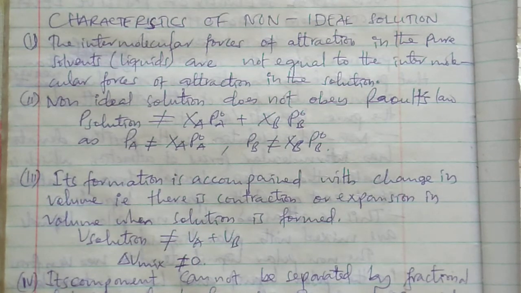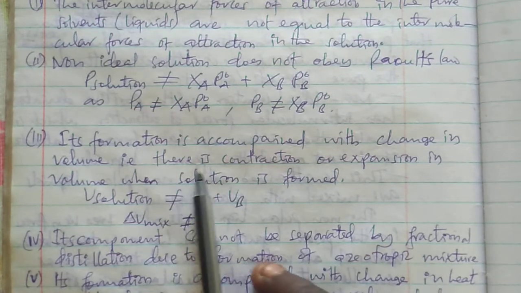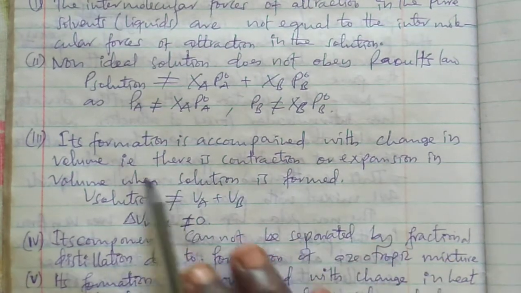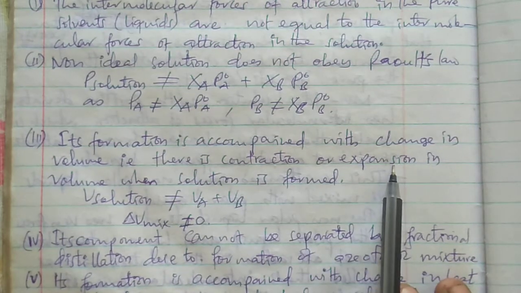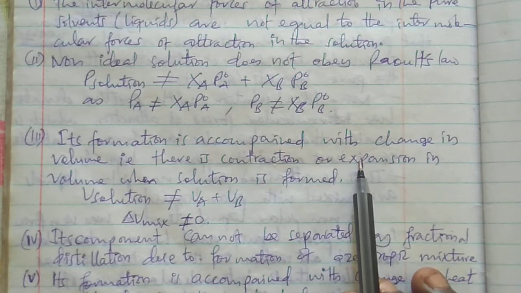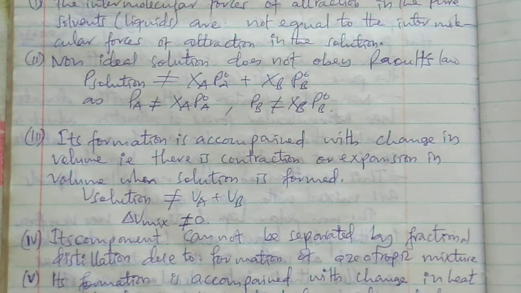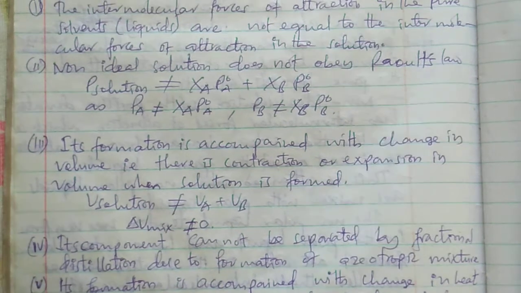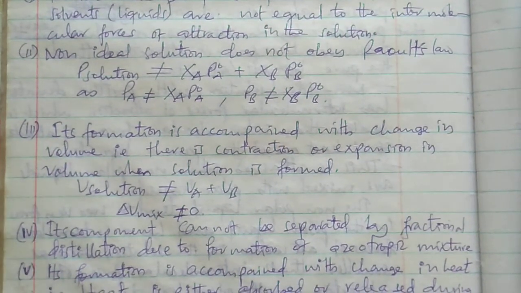The third property of a non-ideal solution is that its formation is accompanied with change in volume, such that there is contraction or expansion. Why is there change in volume? It is because of the change in the intermolecular force of attraction. Remember, molecules of the substance, when they stay at a certain distance, they make that substance to have a certain volume.